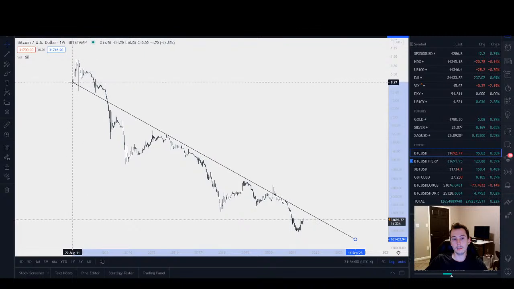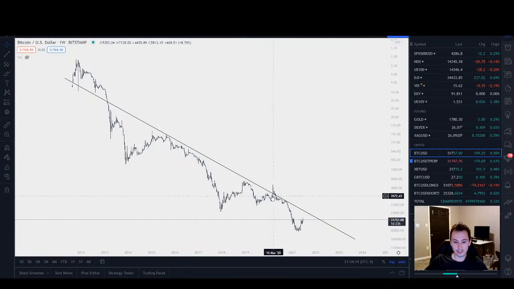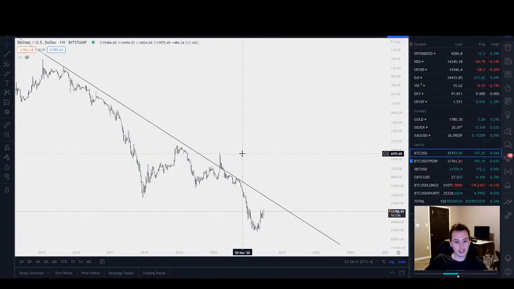And look at this. Going back even in the earlier history, you get these almost touches on these wicks. It's crazy. It just blows my mind how symmetrical these markets are, and how they follow these clear patterns so clearly.